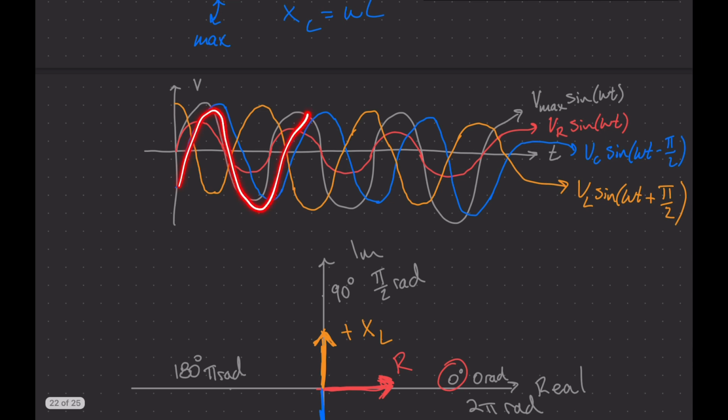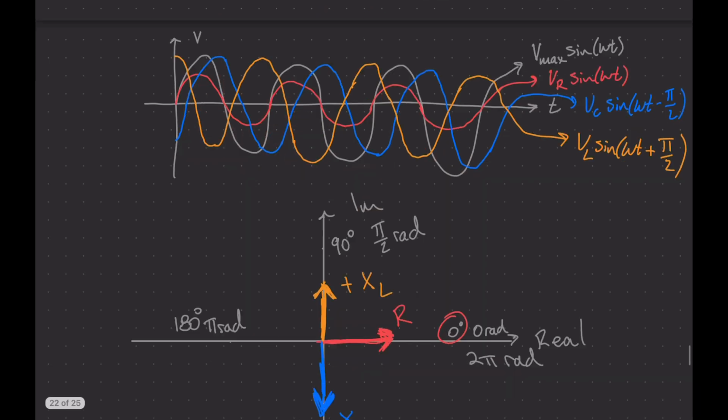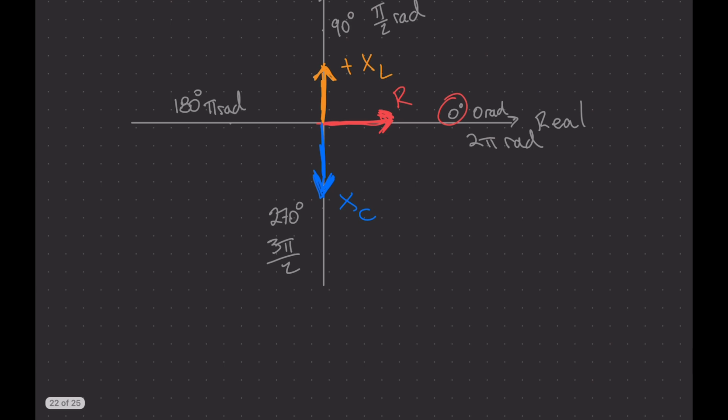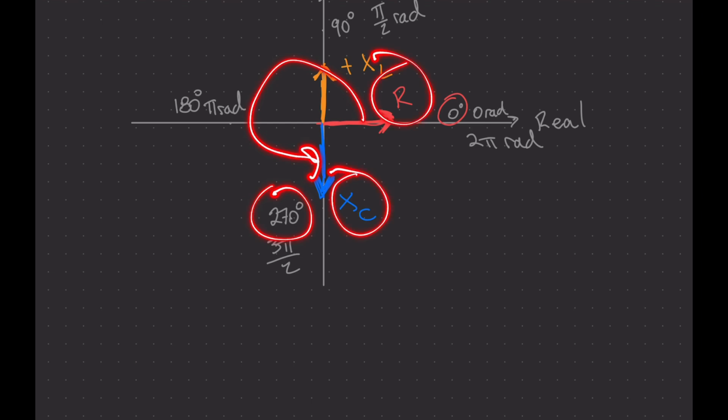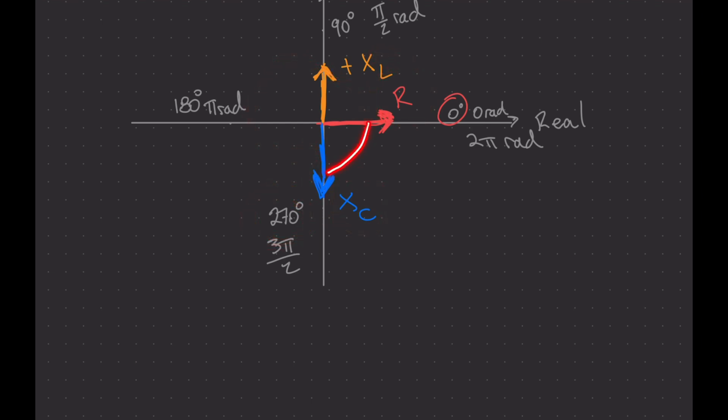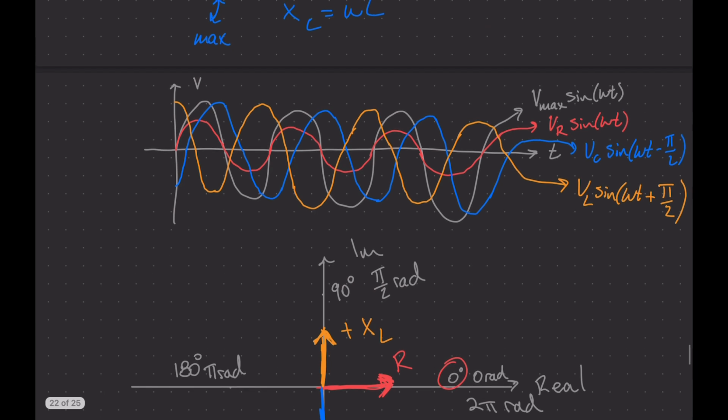If you take one and shift it a little that way, it can align again with another one. So yes, you can say the XC is ahead of the R by 270 degrees, or you could say it's lagging by pi over 2 or 90 degrees.